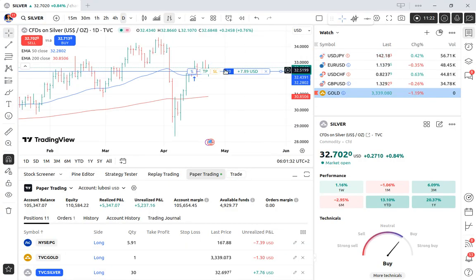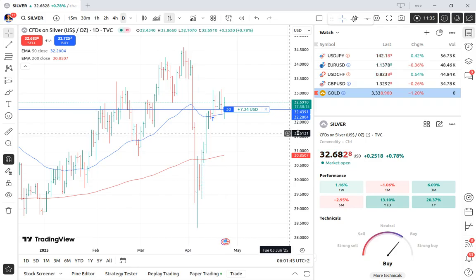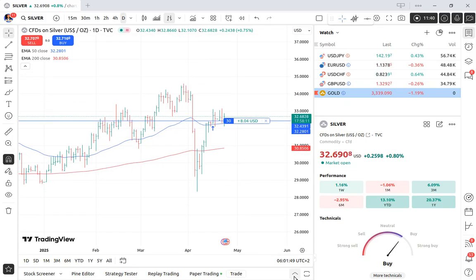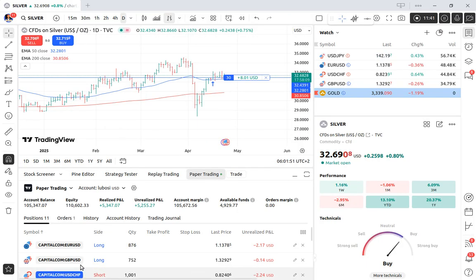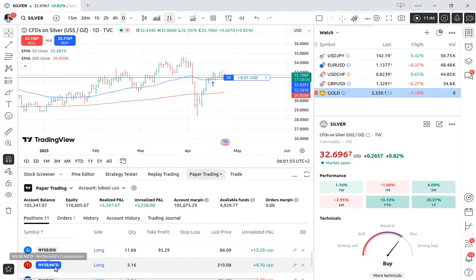I bought silver earlier on before making this video at the correction price, and already it has gone up. Now silver is very volatile, so you just have to buy physical silver and not buy the margin of silver.